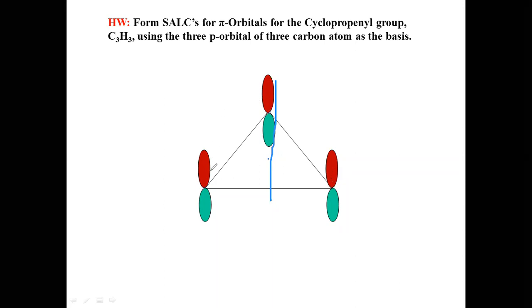And they are going to form the pi orbitals. So of course, using these pz orbitals as a basis, you have to form different types of SALCs, right? So that is the home assignment I had given, and now you give it a try again after this discussion. I hope you will be feeling more comfortable to do it now.